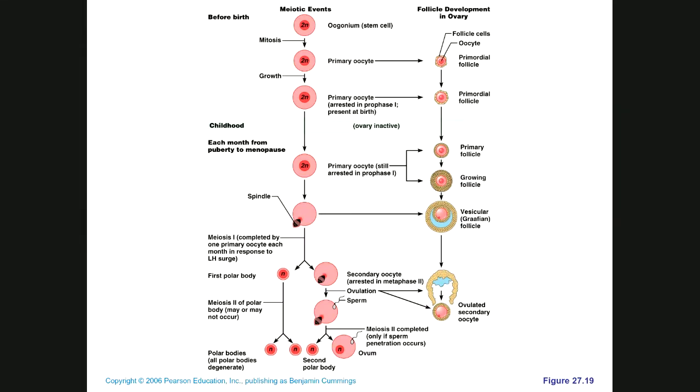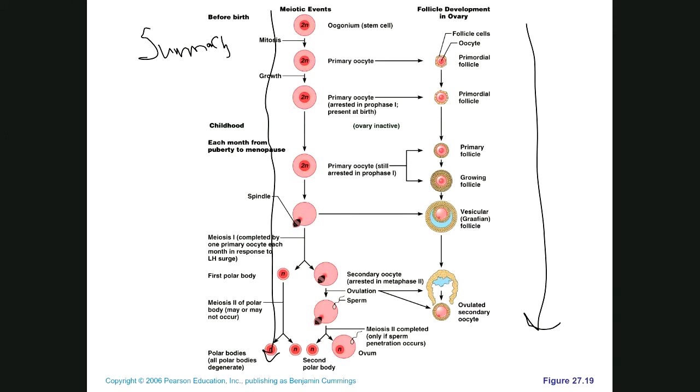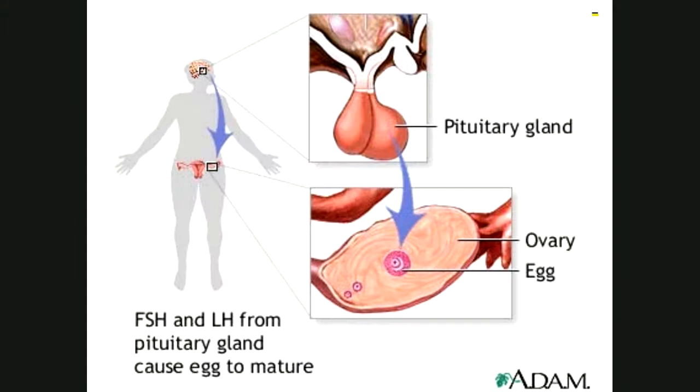So hopefully you can look at this summary slide and you can follow what's going on from the fetus all the way through to puberty and beyond. Same thing over here. So something has to be controlling this. And so what controls it are hormones.